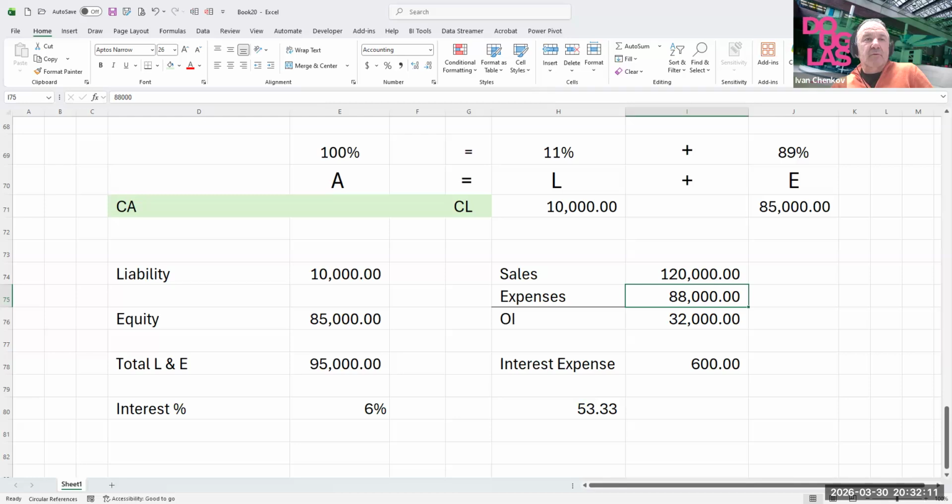Let me do a little calculation. My expenses are 107,400. Does it make sense for me to borrow money from the bank?